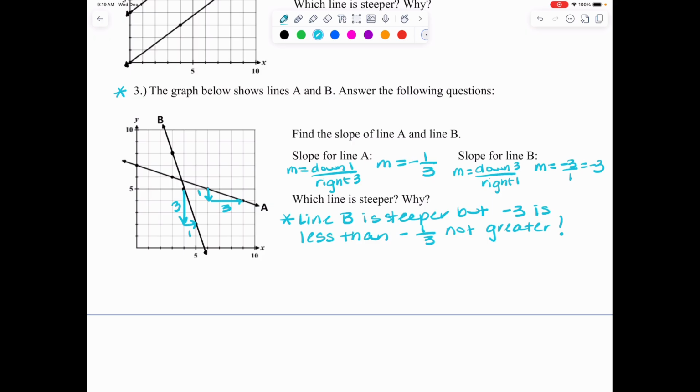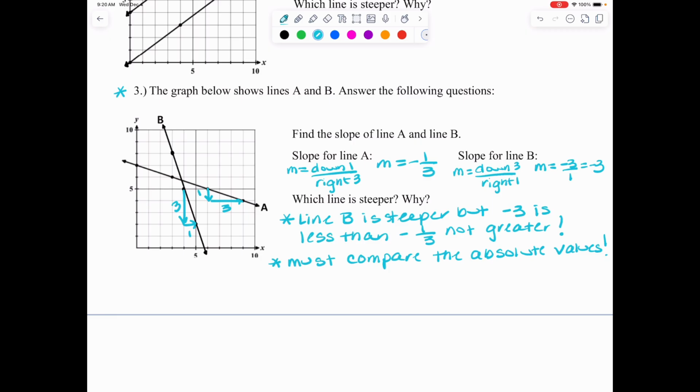So this is why I wanted to complete this one together. For any negative slopes, you must compare the absolute values. So absolute values you did in a prior grade, and I'm not sure how much you remember about it. An absolute value measures the distance that number is away from 0.